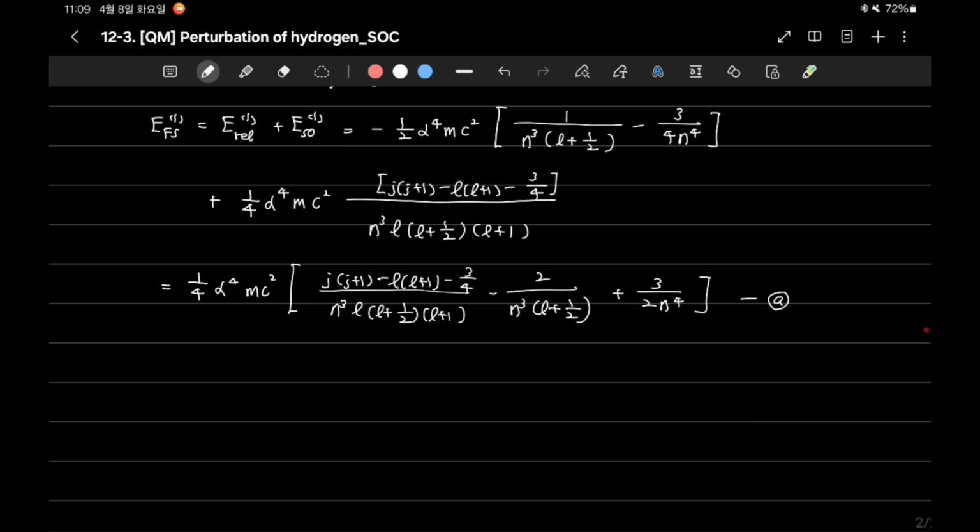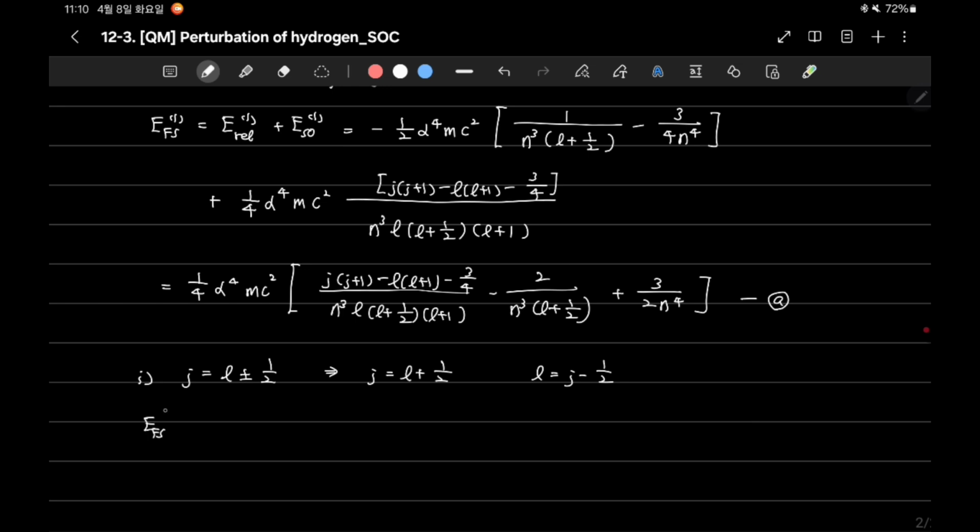Here in this case, let's consider further J. This L can be written down by J, and because J equal to L plus minus 1/2 case. Let's separate the case. In the first case is that the spin up L plus 1/2 case. Then it makes that L equal to J minus 1/2.